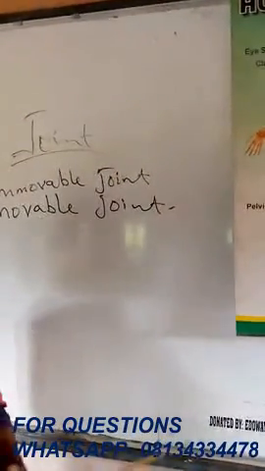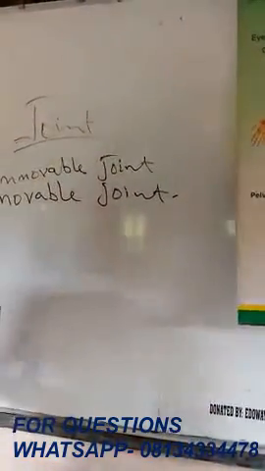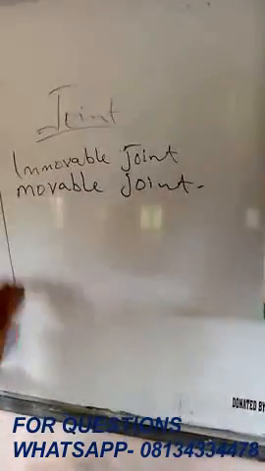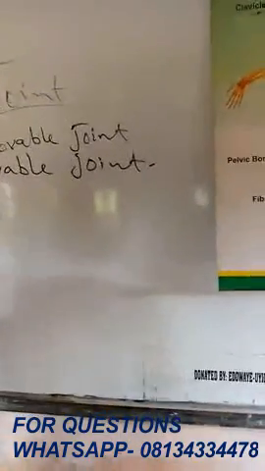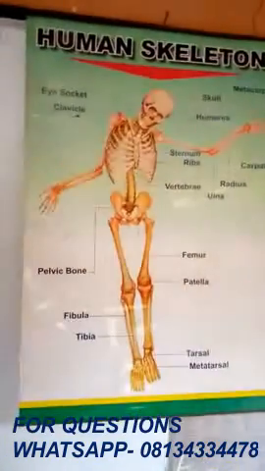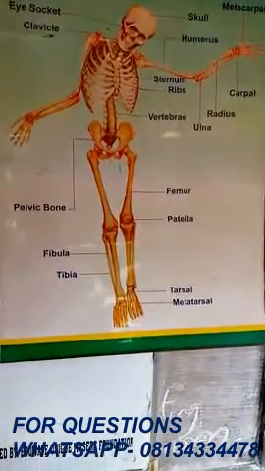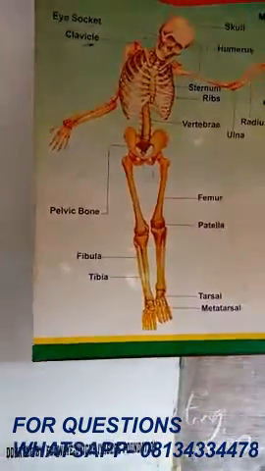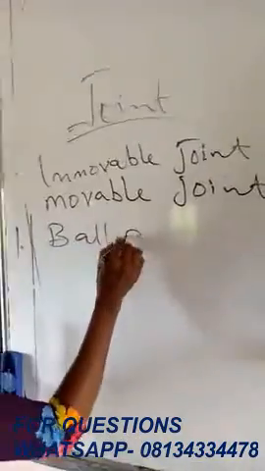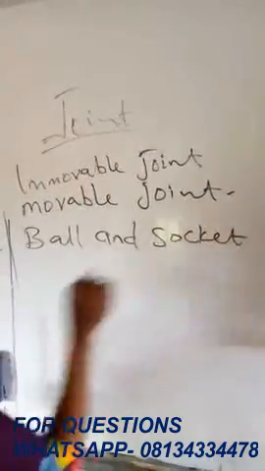Then, under the movable joints, we have the ball and socket joint. We have 4 types of movable joints. The first is called the ball and socket joint.